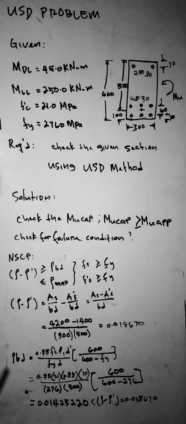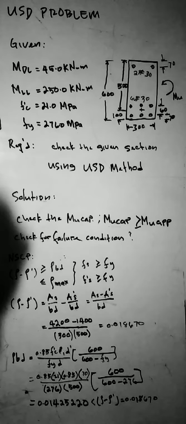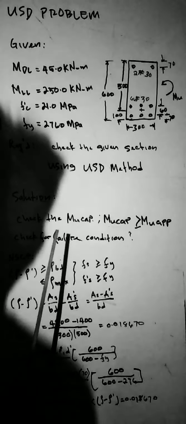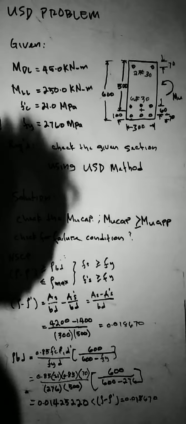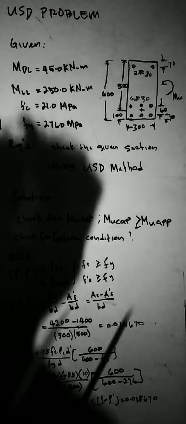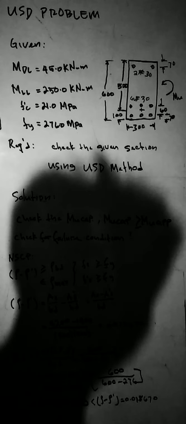So that we are going to find out. If the ultimate moment capacity is greater than or equal to the ultimate moment applied, the section is safe or adequate.